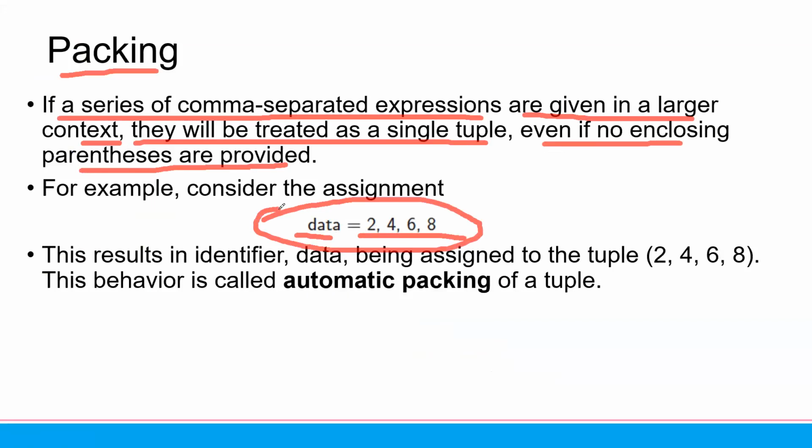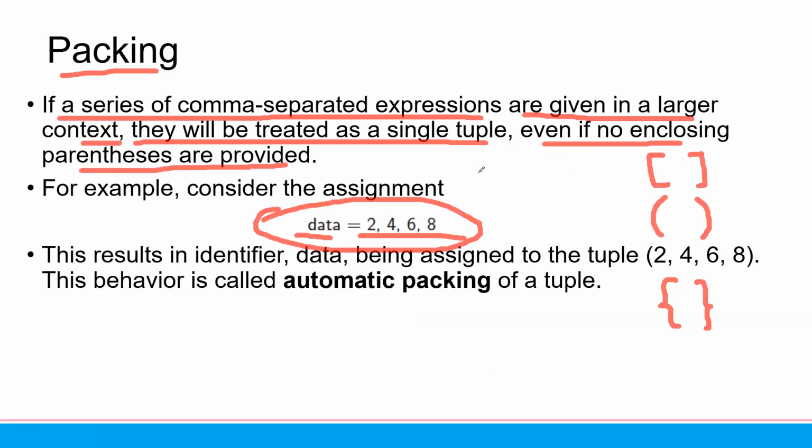You still remember tuple? Okay, we have three kinds of symbols in Python. We can use the square bracket for list. We can use the parentheses for tuple, and we can use the curly bracket for set and dictionary. Okay.